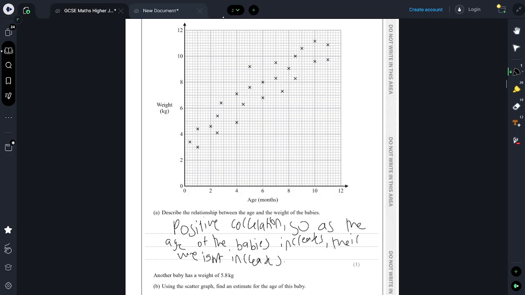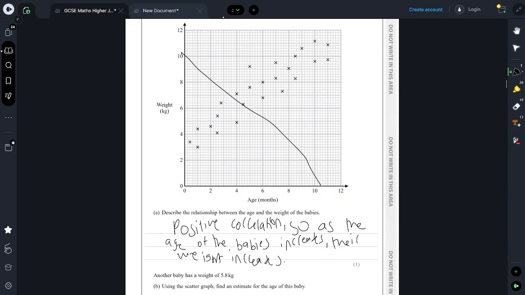There are three types of correlation. One where the points generally go up: if one goes up, so does the other. That's a positive correlation. On the flip side, if the age increases but the weight goes down, and the points follow this pattern, that's a negative correlation.